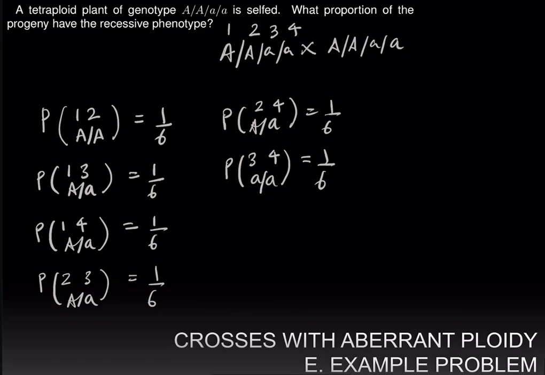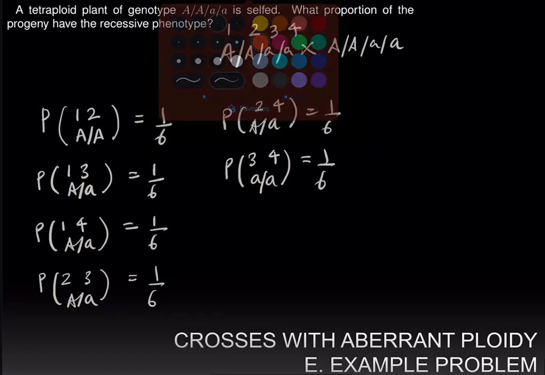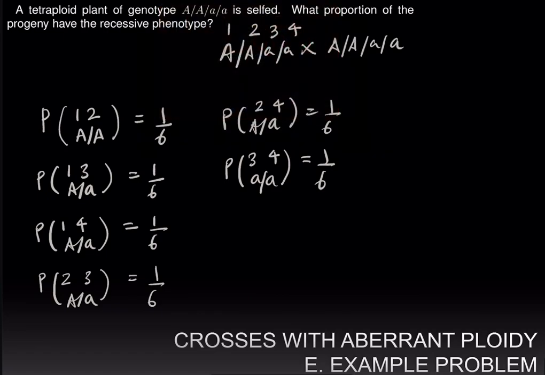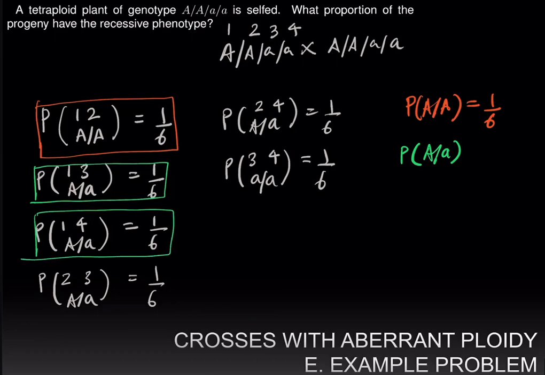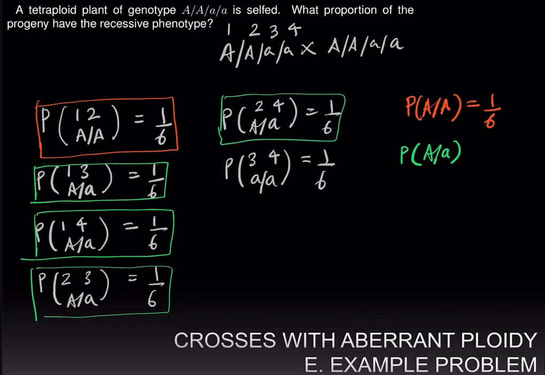Now we can use the sum rule to determine the probability of each gametic genotype. So we can say the probability of big A is just 1/6. We can say that the probability of big A, little a is 1/6 plus 1/6 plus 1/6 plus 1/6, so 4/6 or 2/3.